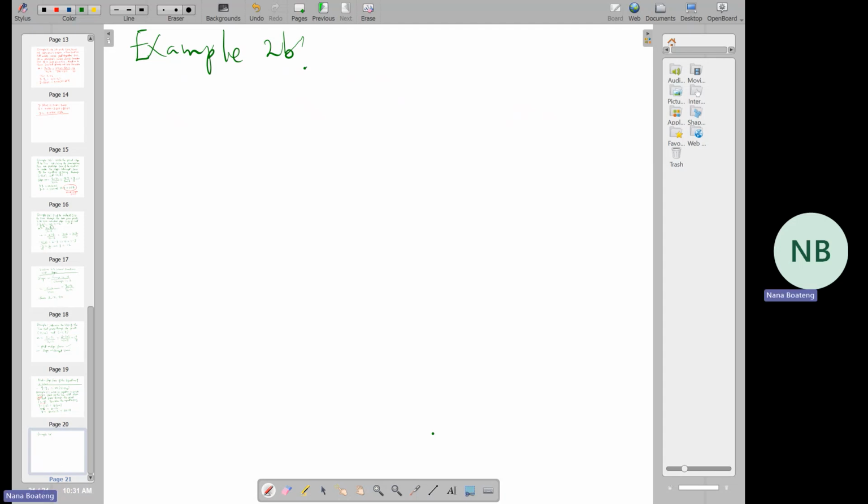The slope-intercept form of an equation of a non-vertical line with slope m and y-intercept b is y equals mx plus b. So the slope-intercept form of an equation of a line with slope m and y-intercept b is given by this.